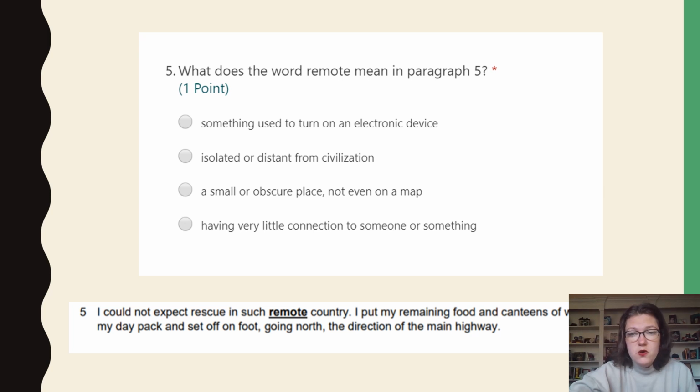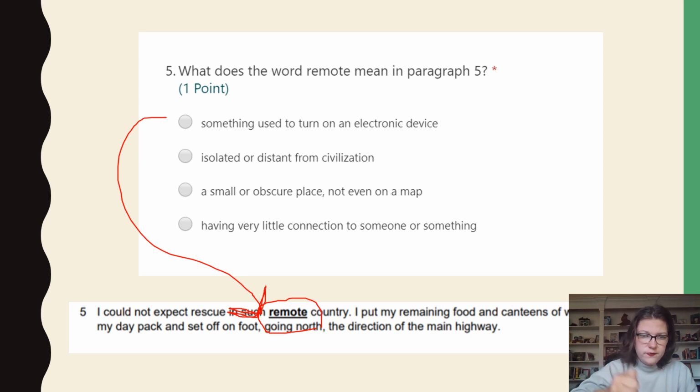What does the word remote mean in paragraph 5? So I put paragraph 5 here. I could not expect rescue in such remote country. So what we are going to do is plug these definitions into the sentence. So I could not expect rescue in such something used to turn on an electronic device, like a remote control. No, that doesn't make sense.